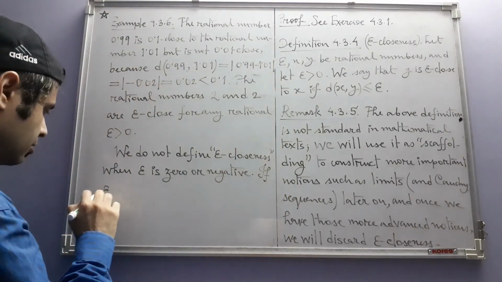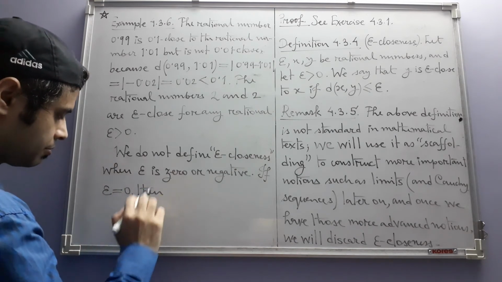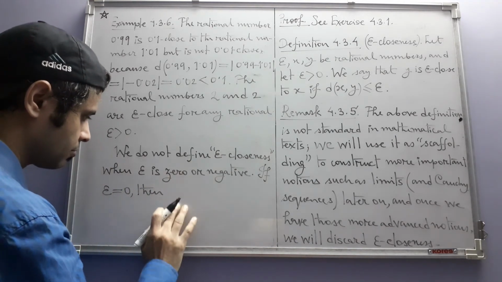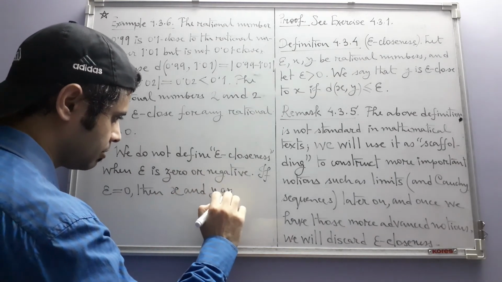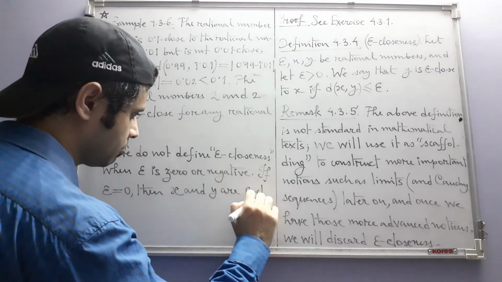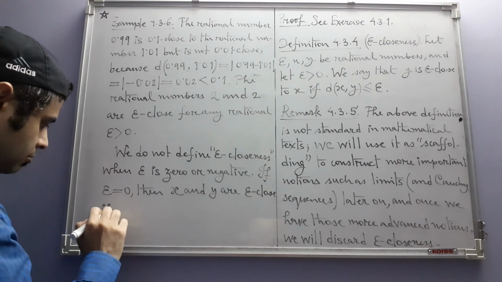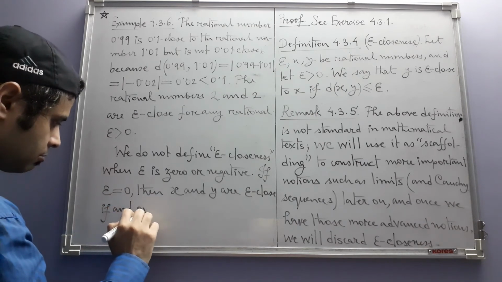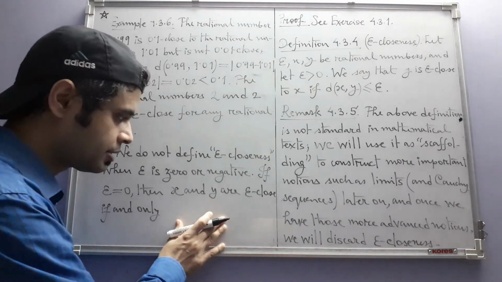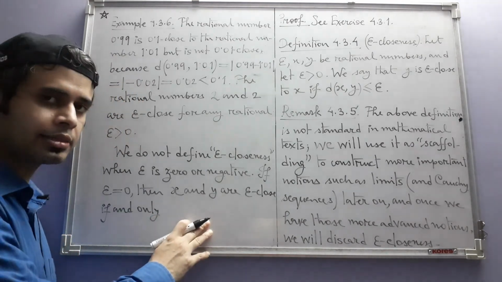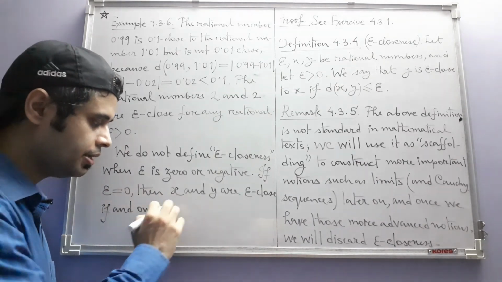If epsilon is 0, then x and y are epsilon close if and only if, because the distance between x and y has to be less than or equal to epsilon, which in this case is 0.